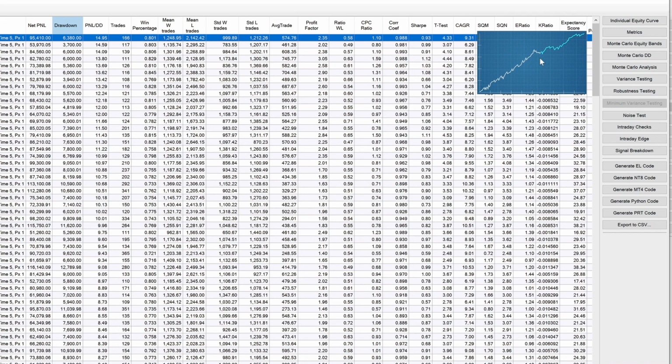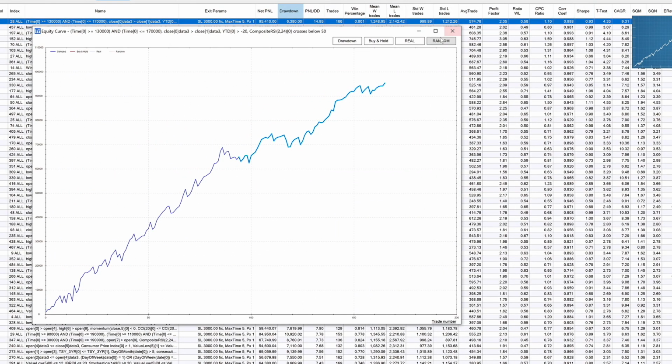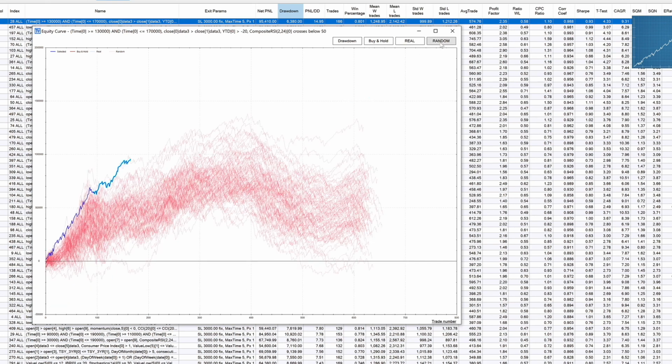Now, the first one I like to look at is the individual equity curve. So I'm going to bring this up, and this is the equity curve of our strategy, and the blue highlighted area is the out of sample, and it looks good. But what we can do is go ahead and compare this to random. All right, so what does this do?